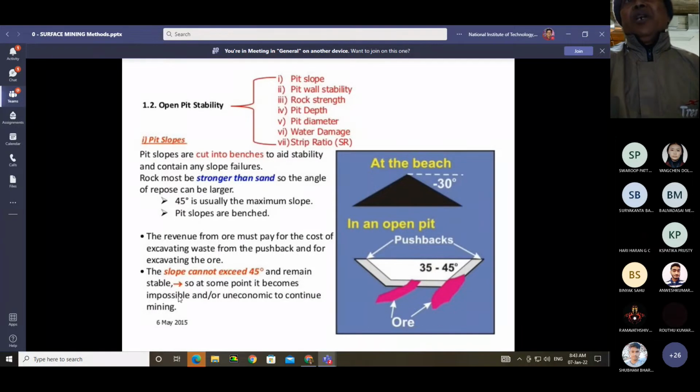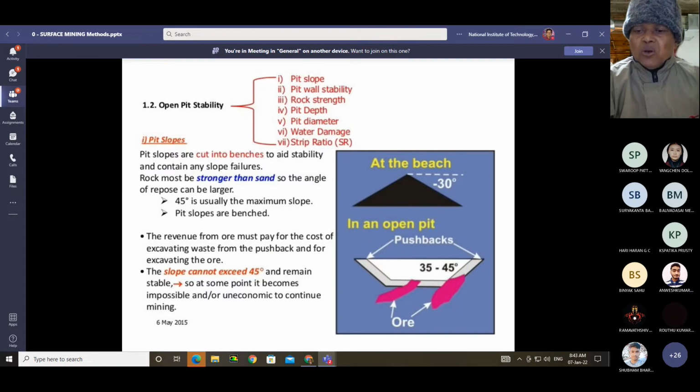And remain stable. So at some point of time, it becomes impossible or uneconomic to continue mining. That point is called the economic pit limit. Your question was up to what depth you can go for open pit mining.